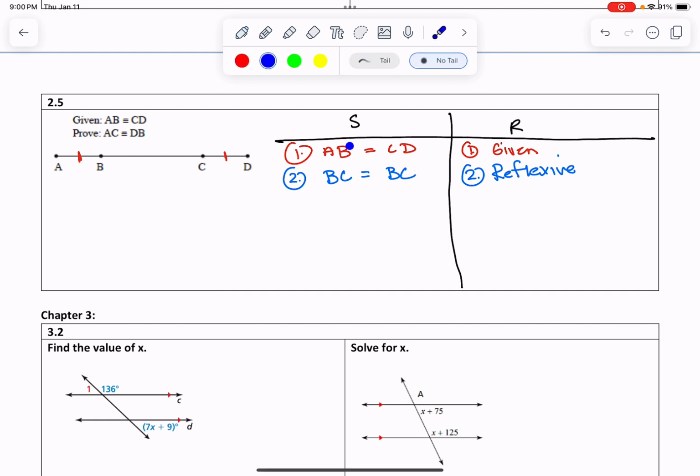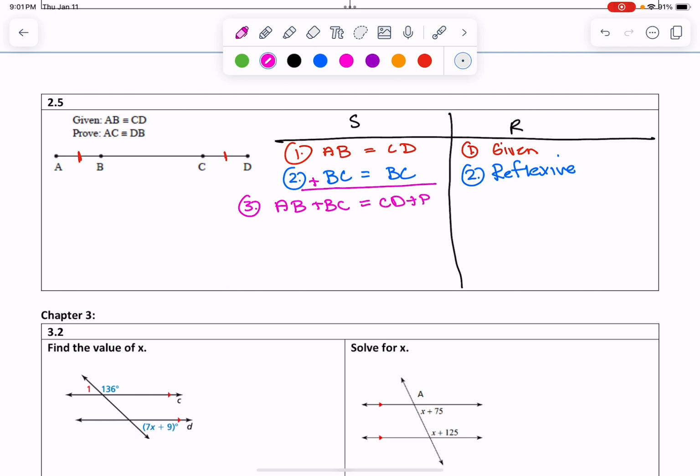Now look at, I have the two parts over here of AC, and I have the two parts over here of DB. So now I can use the addition property and add straight down, and I've got that the parts are equal to each other. AB plus BC is equal to CD plus BC. And that's the addition property.